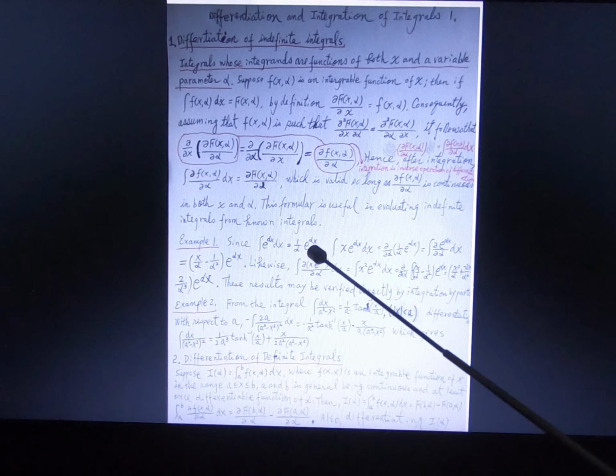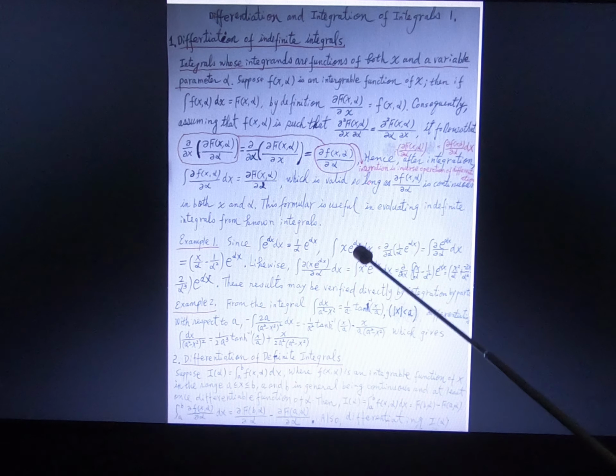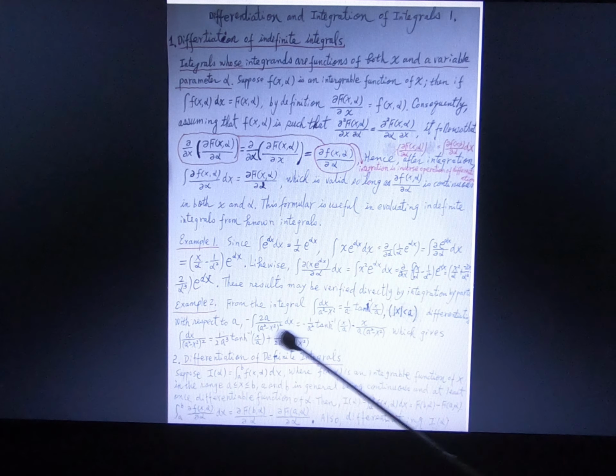This integral is equal to this, and you can differentiate inside and outside and get this result. And this is the second example. And let's talk about differentiation of definite integrals.